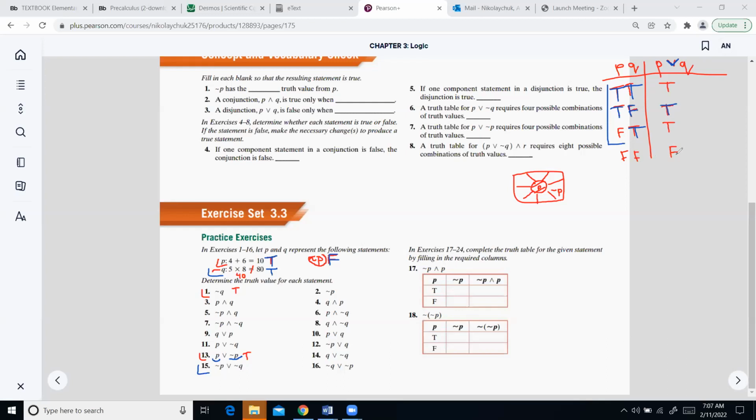Both F's is the only case when we get a false result in there. But to be more precise, I can actually see that not P is a false, right? And not Q, as we saw, was a true. So when you utilize this false and a true from our little table here, what comes out is true as a result. So indeed, this statement is true.